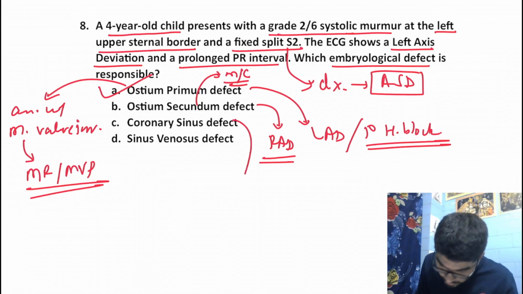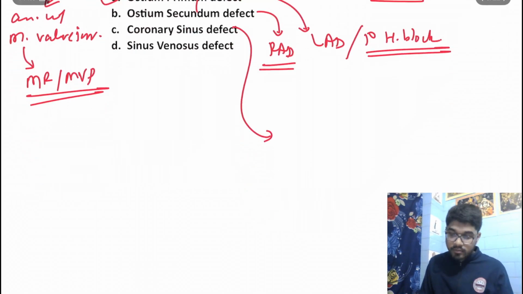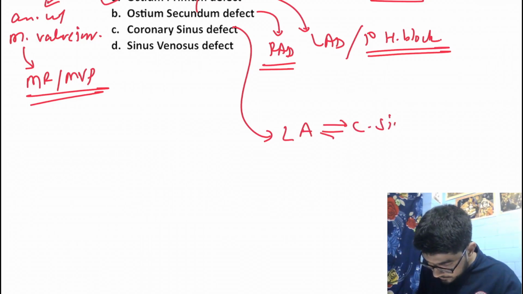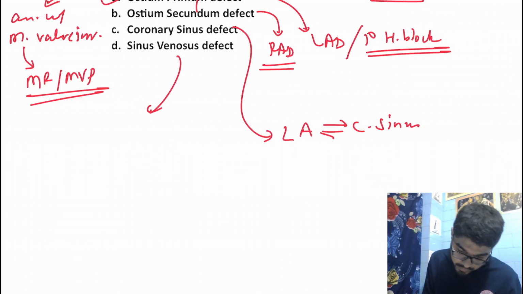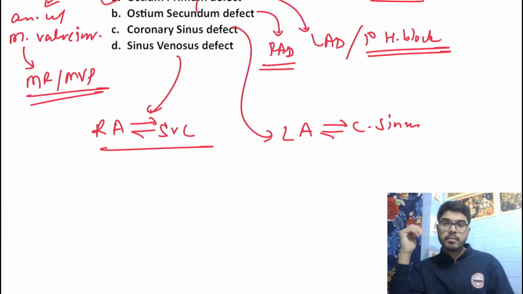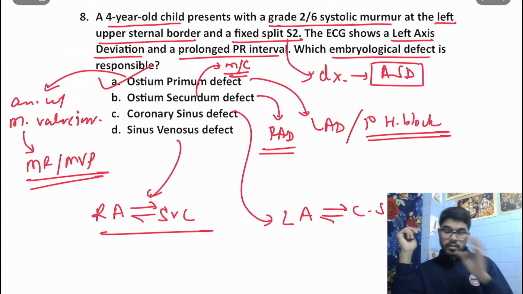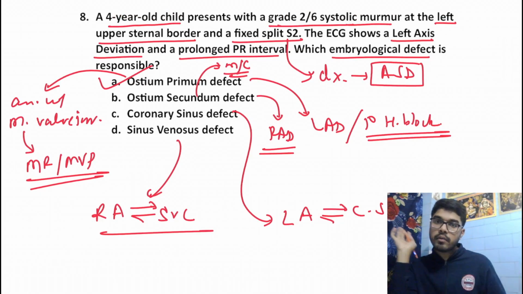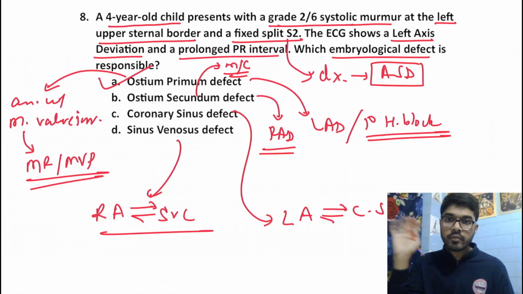And these two are extremely rare varieties. Coronary sinus defect means there is a connection between the left atrium and the coronary sinus. Whereas in sinus venosus, there is a connection between the right atrium and the SVC. These are extremely rare. These two are not important. Okay. Ostium primum and secundum, how to differentiate on the basis of ECG, right axis deviation or left axis deviation, right? Ostium secundum is associated with right axis deviation, primum with left axis deviation.